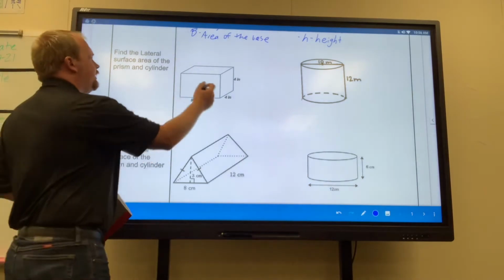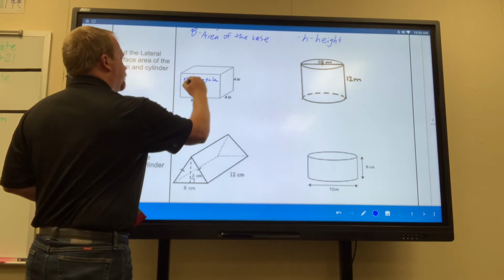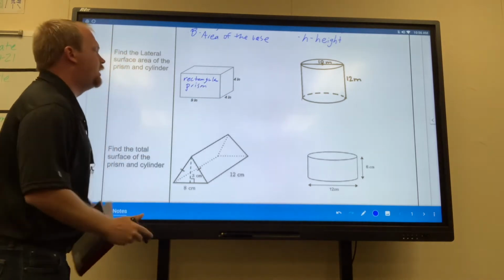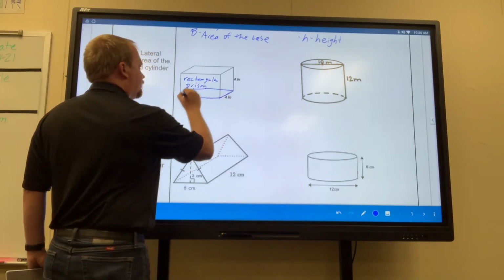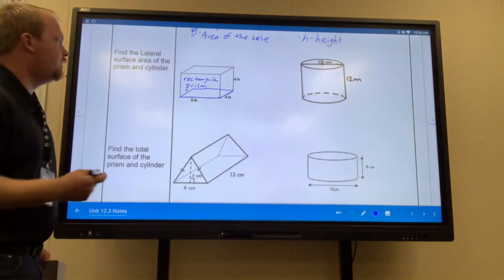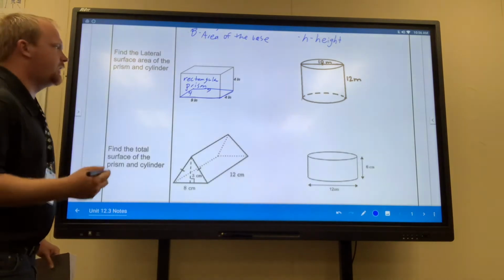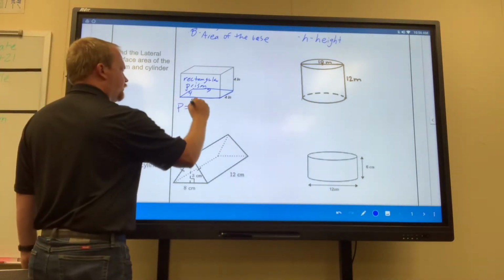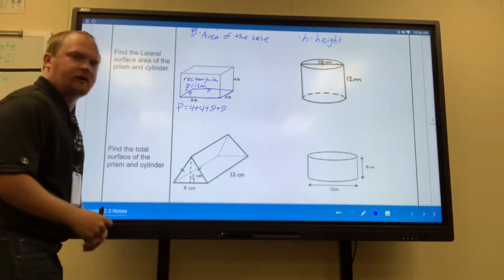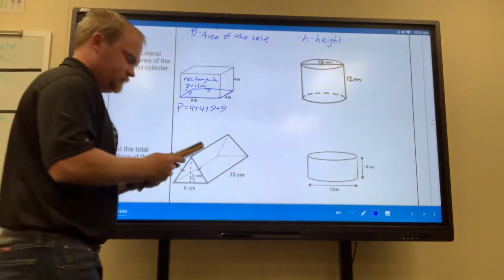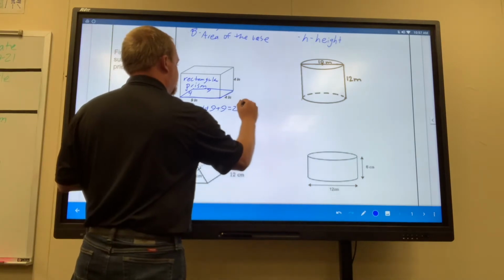So this right here is a rectangular prism. I'm going to use this right here as the base. I know this is going to be 4, since it's rectangular, and this is going to be 9. So I've got to find the perimeter. Perimeter is 4 plus 4 plus 9 plus 9, and if I add it all up, that gives me 26.